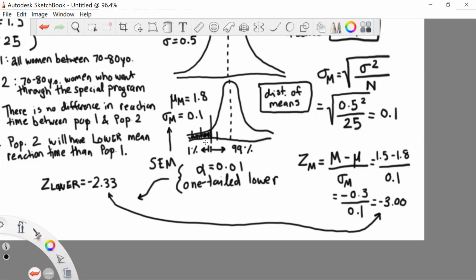If we have a z of minus 2.33 as this one I'm indicating here, everything below this would cause you to reject. Okay, sorry, I didn't see your hand raised. So everything below minus 2.33 would cause you to reject the null hypothesis. And since the z value of our sample mean is lower than that, we would reject the null hypothesis.